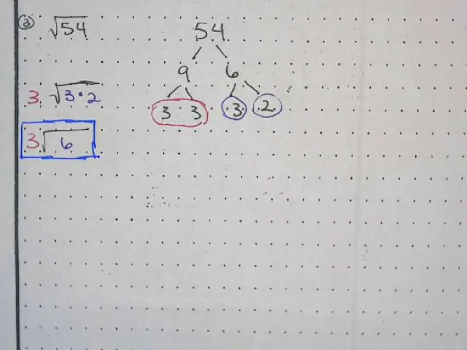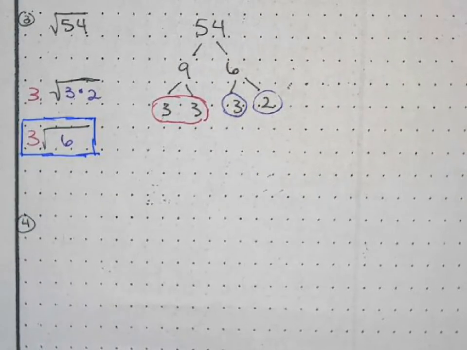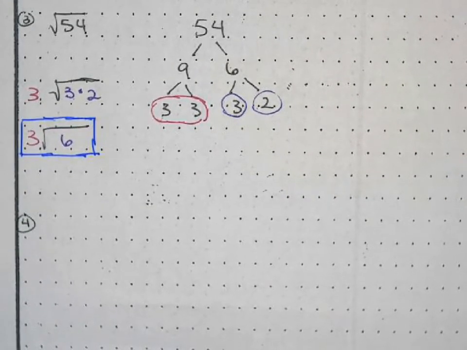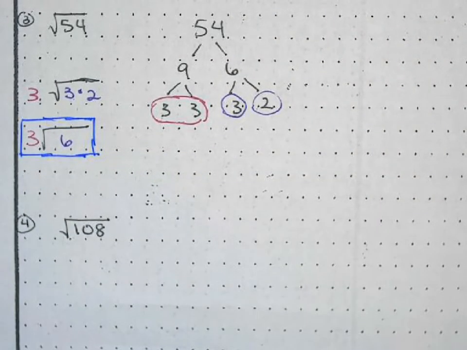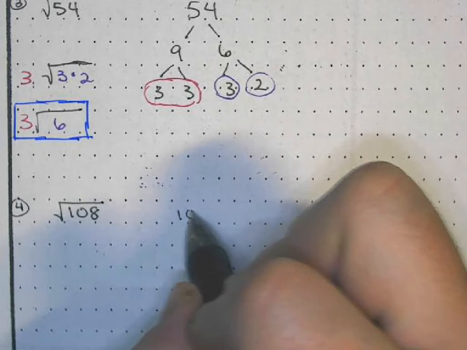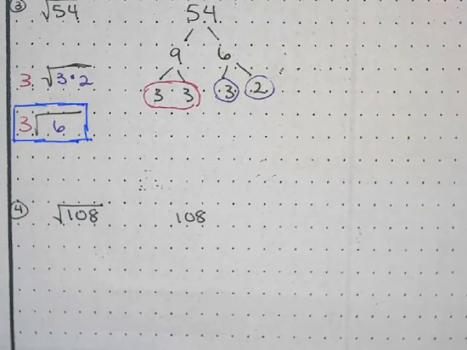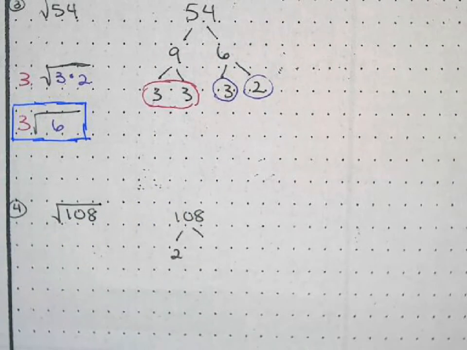Let's do one more example. Ratchet up the difficulty a little bit. We're going to do the square root of 108. So we'll build our factor tree. Again, sometimes we don't know all these numbers that multiply, so a good fail-safe is to say, well, it's an even number, and all even numbers are divisible by 2. So I'm going to start with 2.